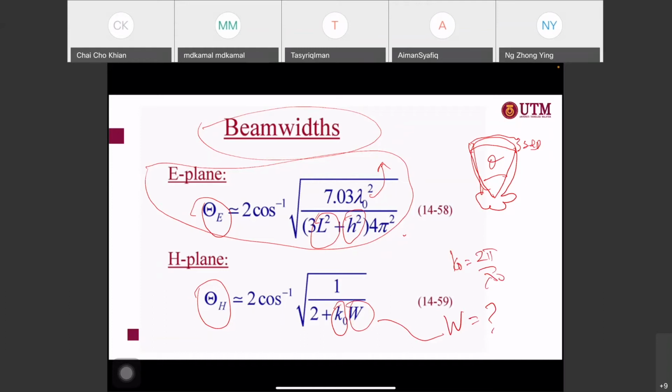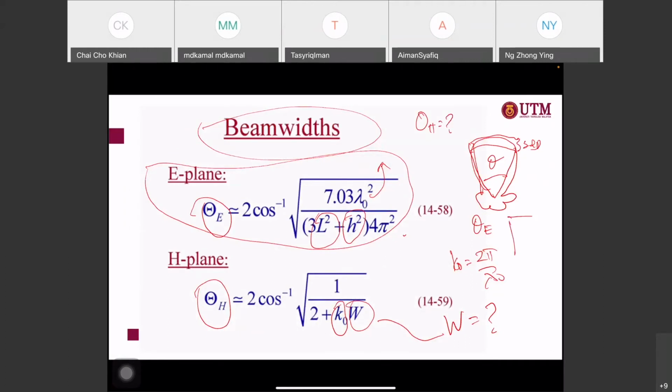Okay, from the previous example that I gave you, what are theta E and theta H, the beamwidths?